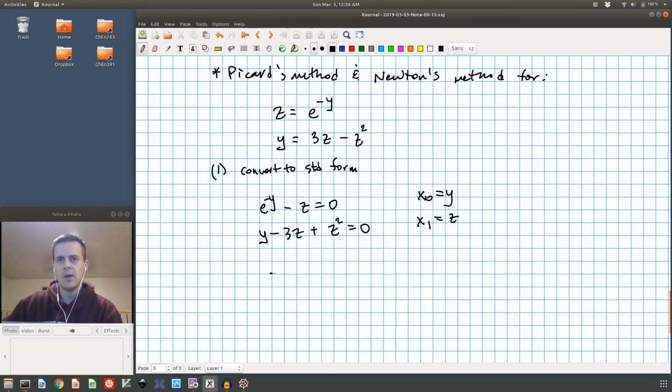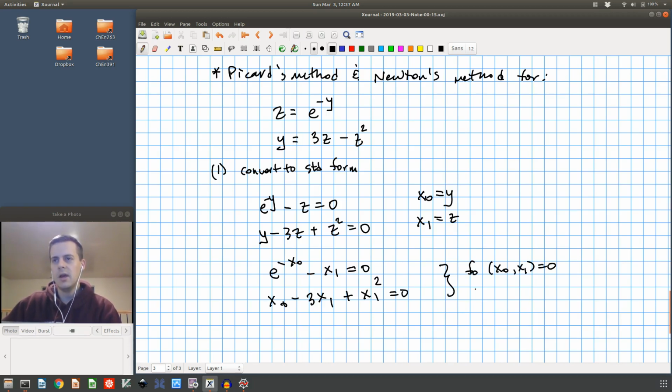So now I rewrite that. I'm going to have e to the minus x0 minus x1 equals 0. And then I'm going to have x0 minus 3x1 plus x1 squared equals 0. Now that looks like f0 of x0, x1 equals 0, and f1 of x0, x1 equals 0.